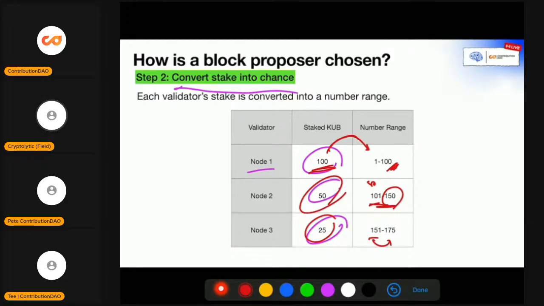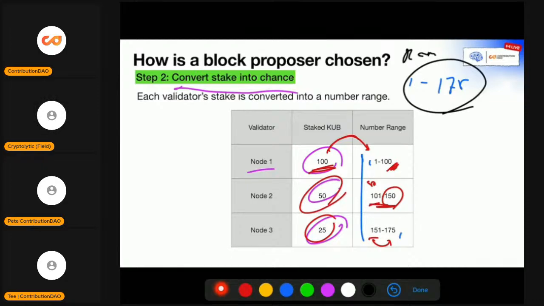175. So I think you can already guess what's going to happen: this number range runs from 1 to 175. If you randomly pick a number from this range, the chance that it lands in the first range is 100 divided by 175.